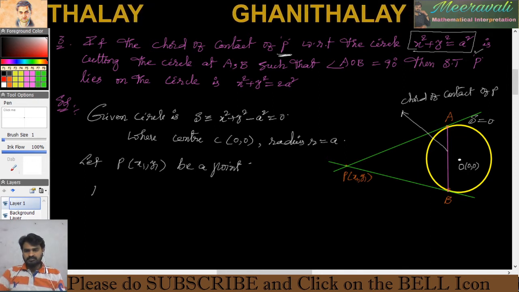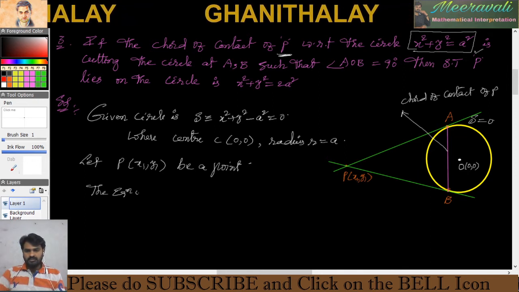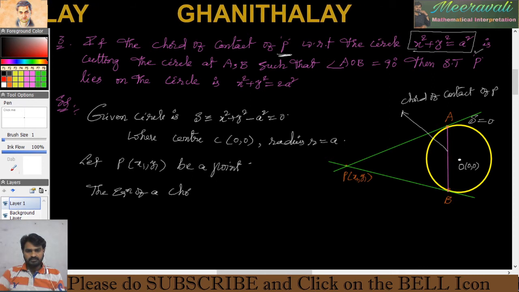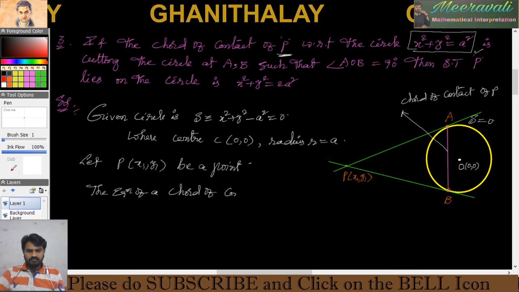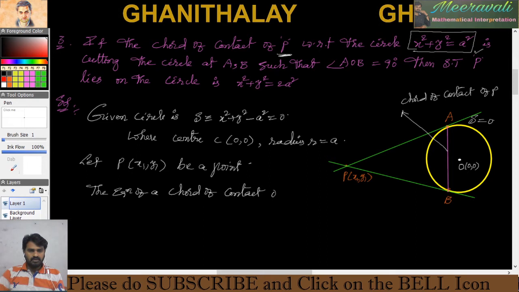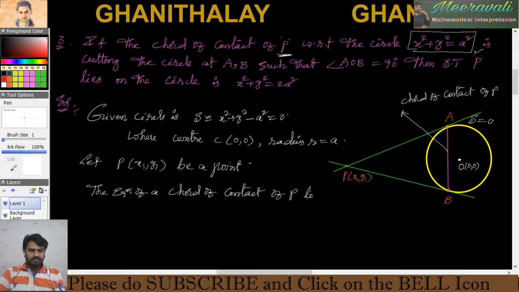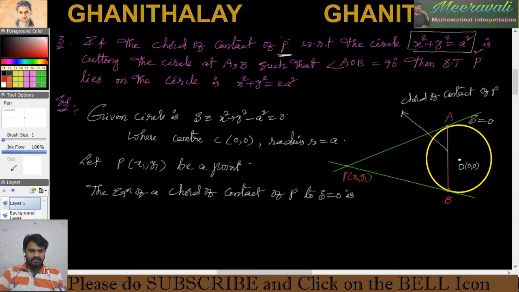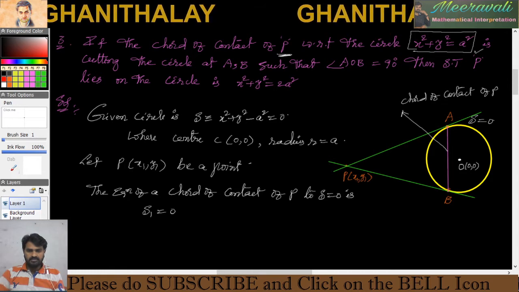Now the equation of a chord of contact of P to the circle S is equal to 0 is the formula S1 is equal to 0.